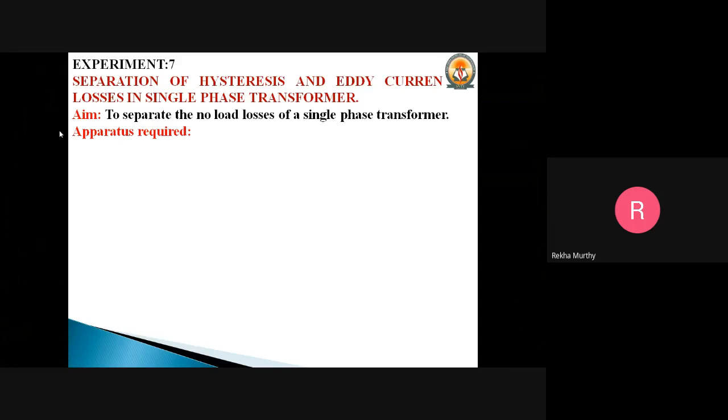The alternator will then produce an AC EMF, so we get an AC supply through the alternator. That will be connected to the primary, and the alternator is driven by the DC motor.